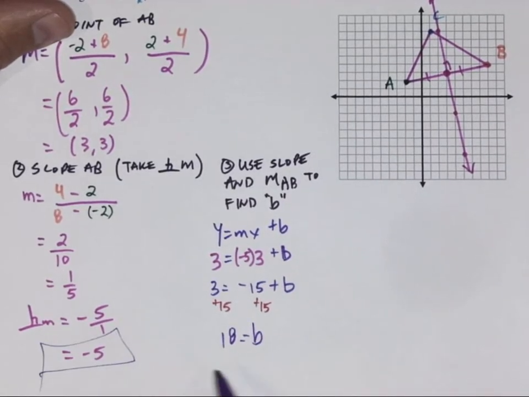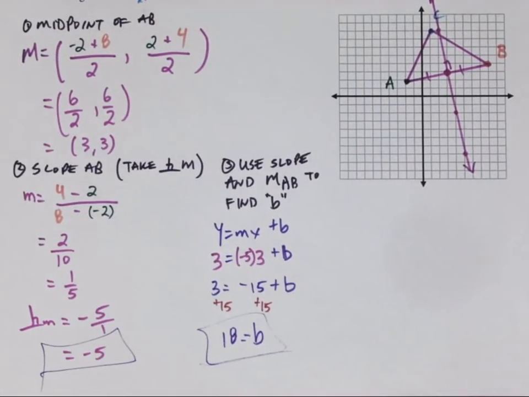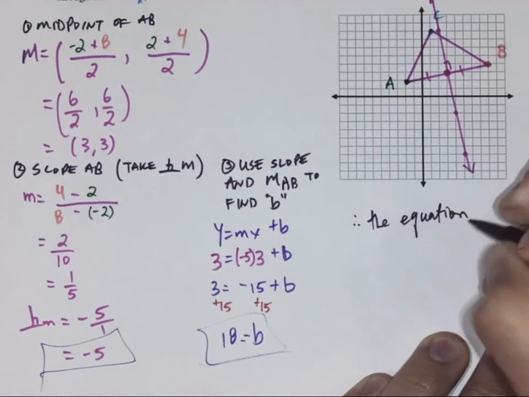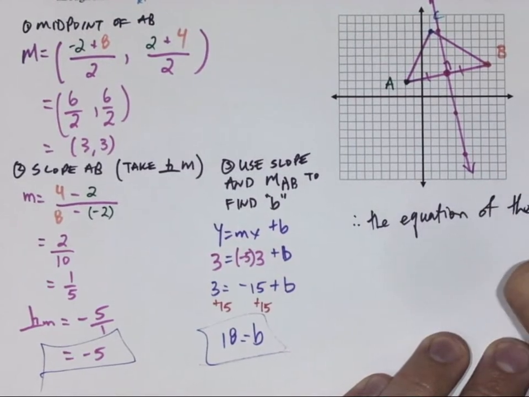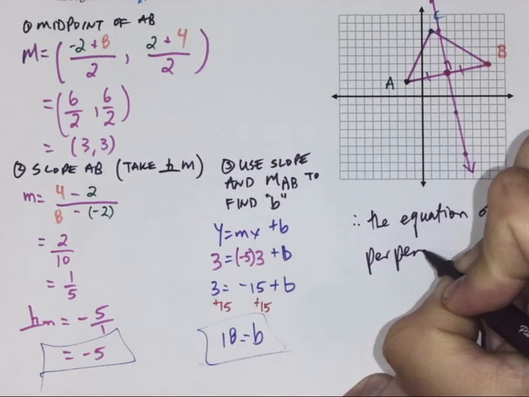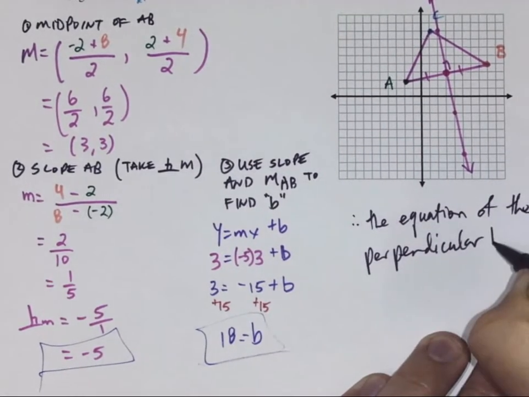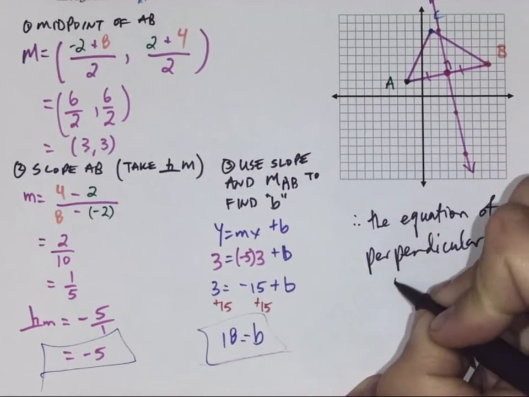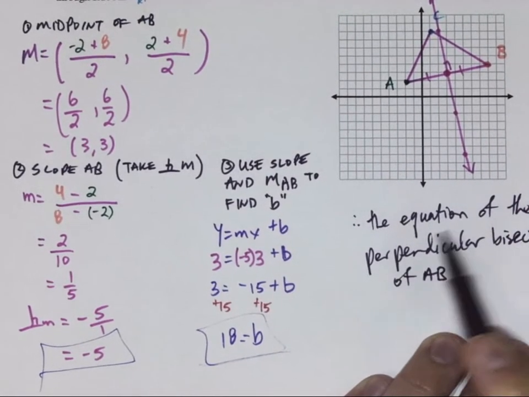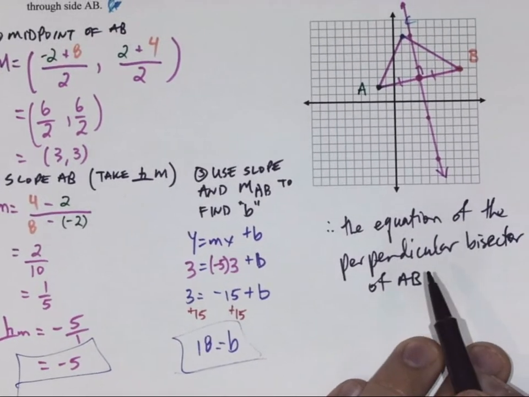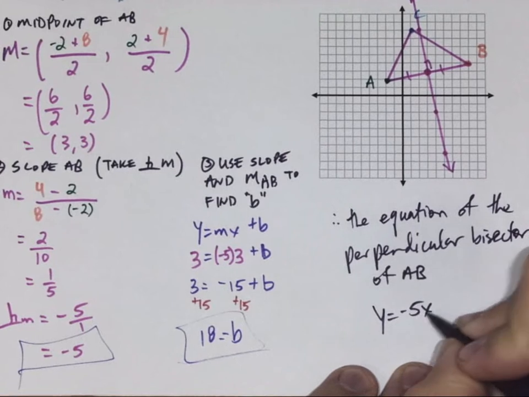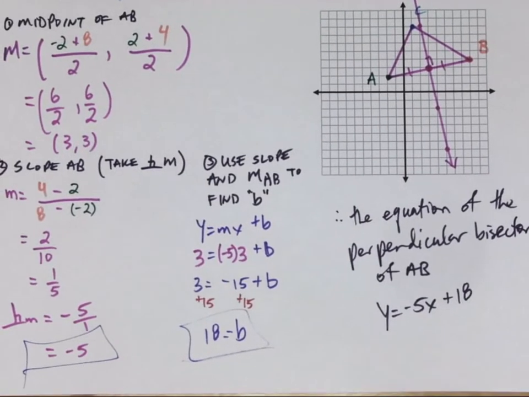I got a slope, got a y-intercept, I've got my line. So therefore the equation of the perpendicular bisector of AB, or the right bisector of AB, is y equals negative 5x plus 18. Boom.